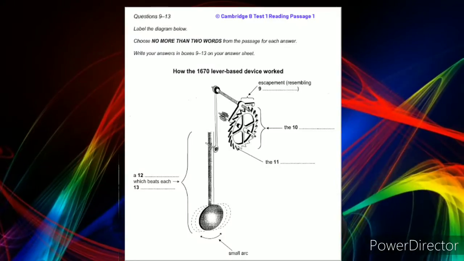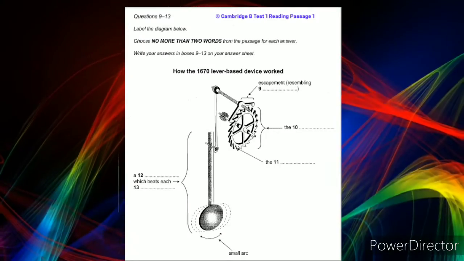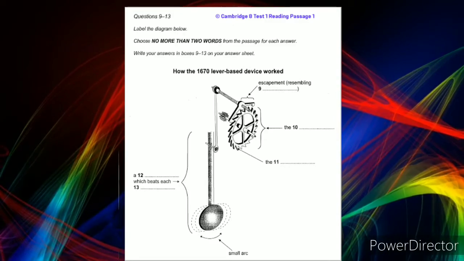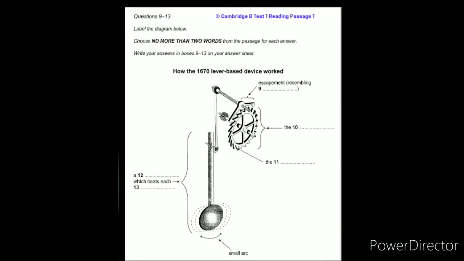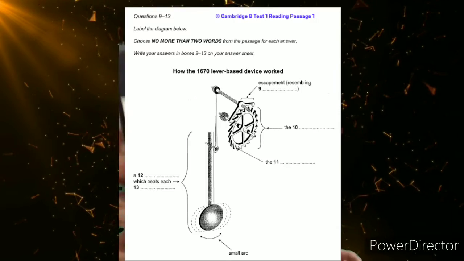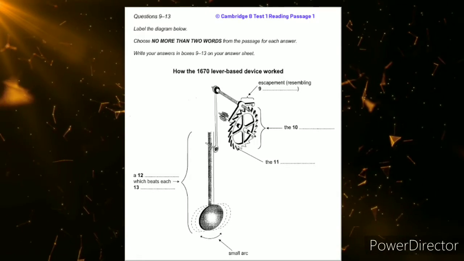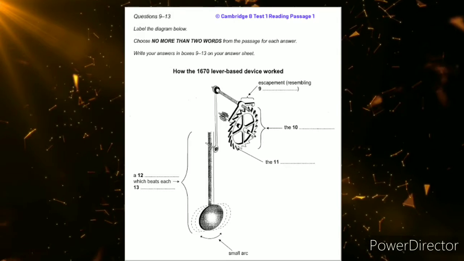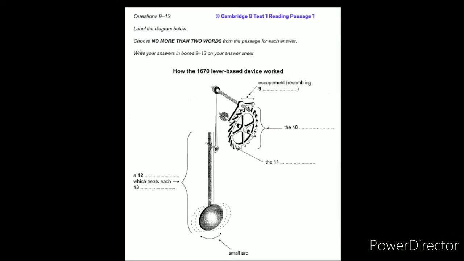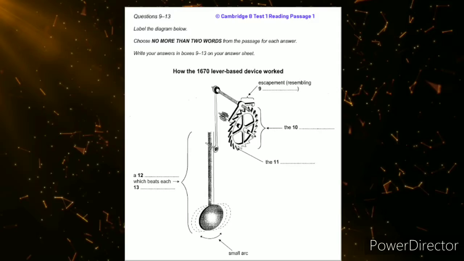Let's see the next image, which is also from a passage. This is not only about the academic diagrams which you prepare in your academics, but also you can see the image. In this image, this is questions 9 to 13, passage number 1.